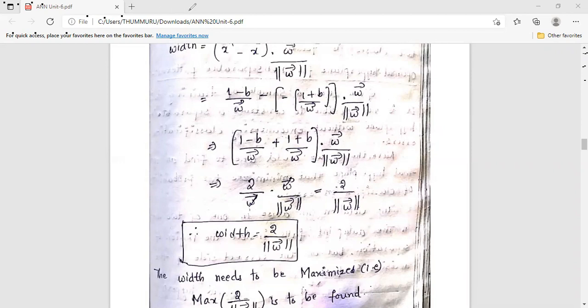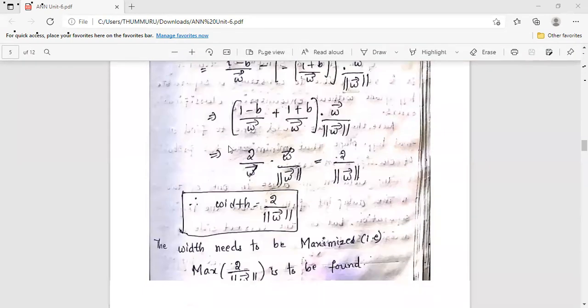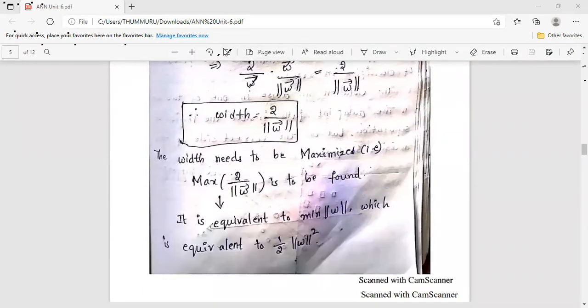Then this width needs to be maximized. If we want to maximize this width, you can write it as max of 2 by the norm of the W vector, or it is equivalent to minimizing 1/2 the norm of W whole square.